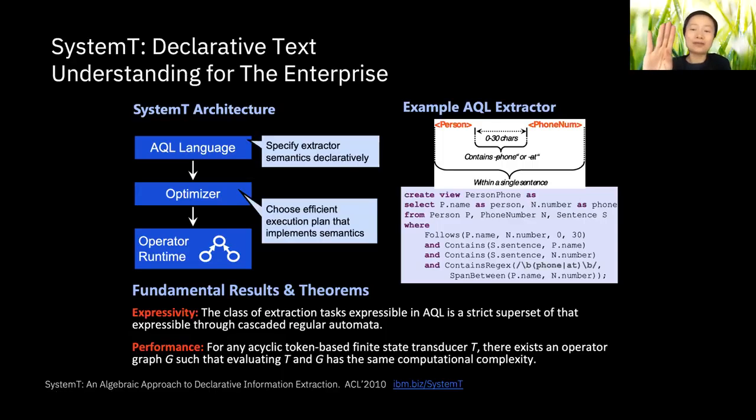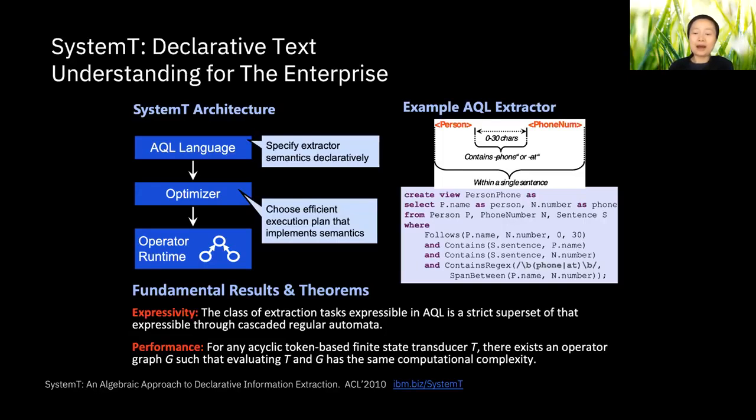We already identified person and phone number. Now I want to identify all pairs or relationships between person and phone within the same sentence where there is a particular clue in between. So it's fairly expressive, but also fairly simple.